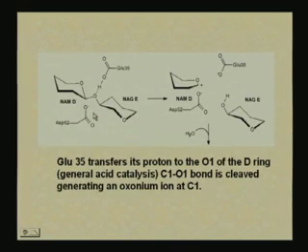So what do we have? We have a NAM and a NAG. These are the sugar units. It is originally in the chair form. Why? Because the chair form is stable. Now, we have the two residues, glutamic acid 35 and aspartic acid 52, that are the catalytic residues for lysozyme.